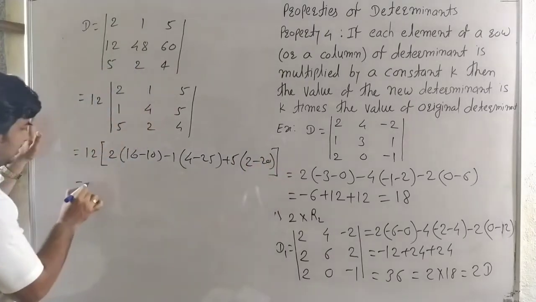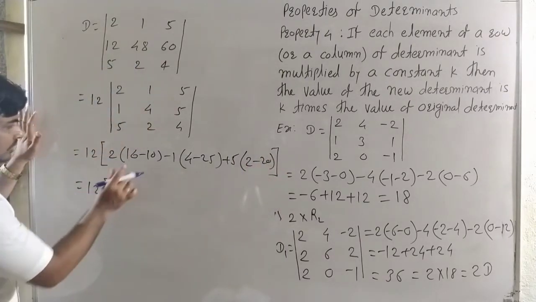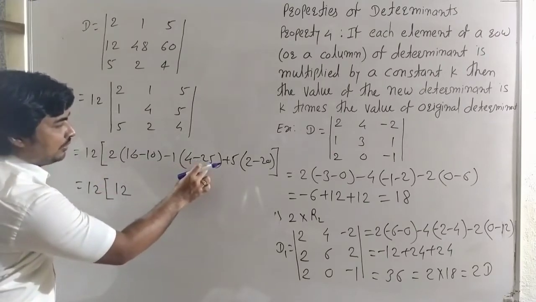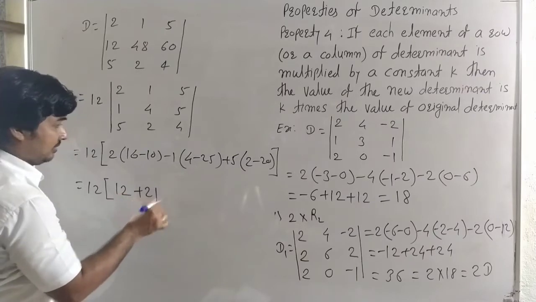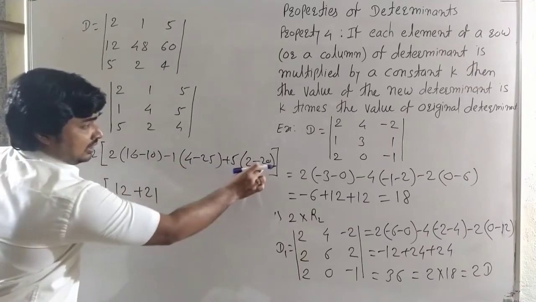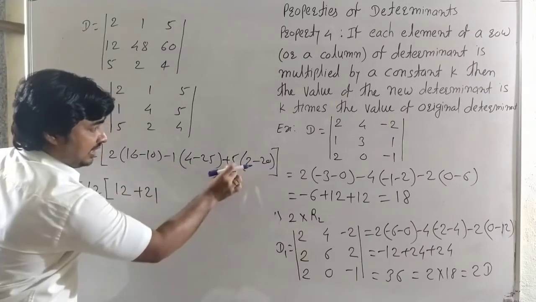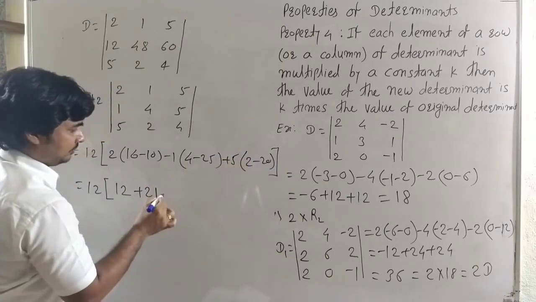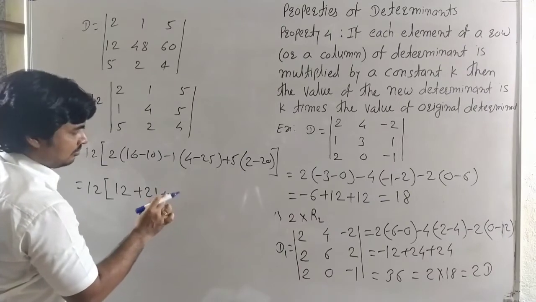Okay, and then it is 12 into 6, therefore it is plus 20, and here it is minus 18 into 5. See carefully, minus 18 into 5 is minus 90.